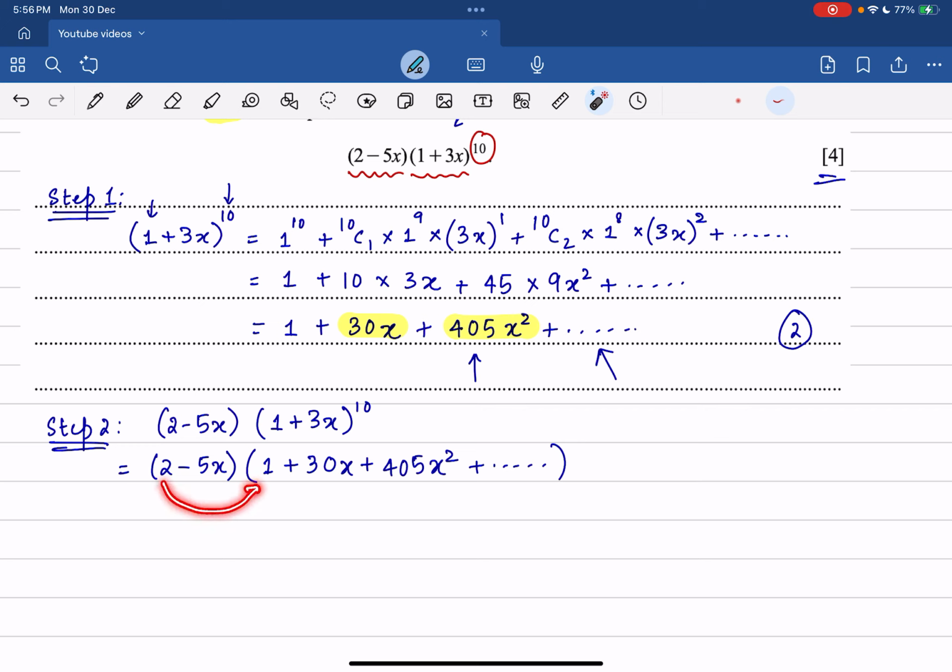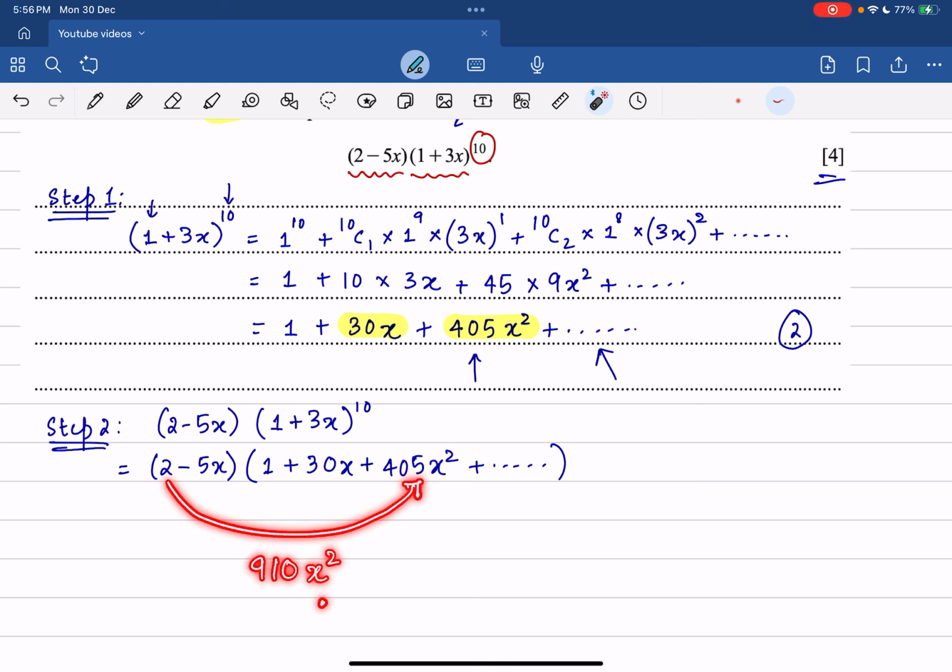No, 1 times 2 gives me only 2, so that does not involve x at all. In fact, if I multiply this with this, I will get 60x, which is also least concerned with x square. My only concern is x square. Which means if I multiply this with this, that will give me something.